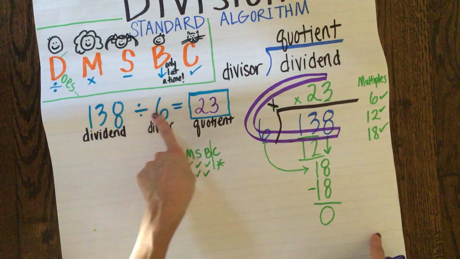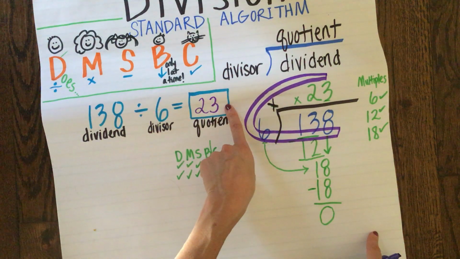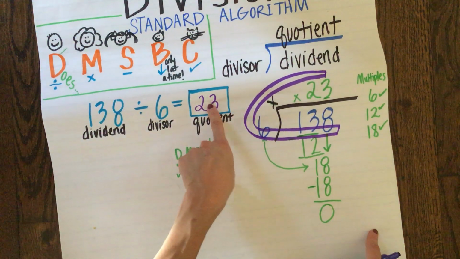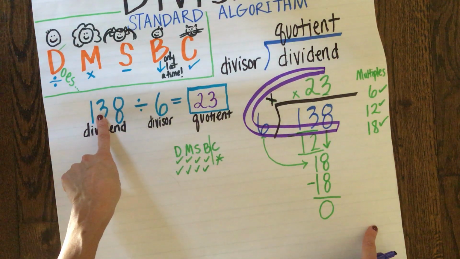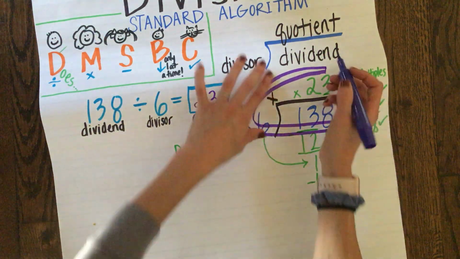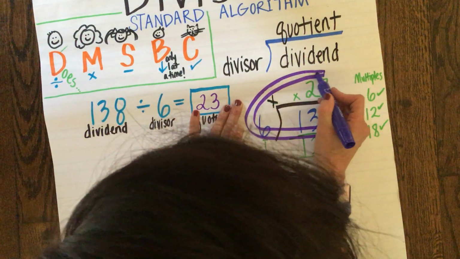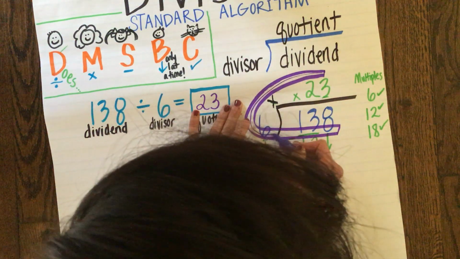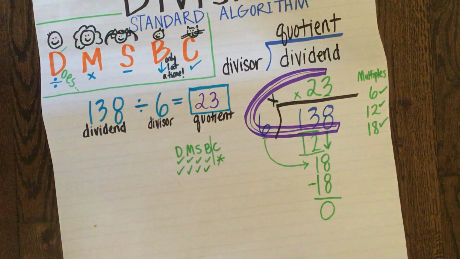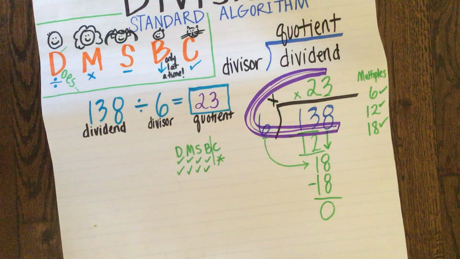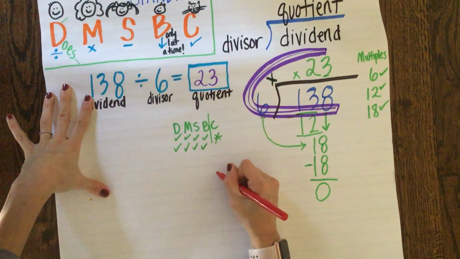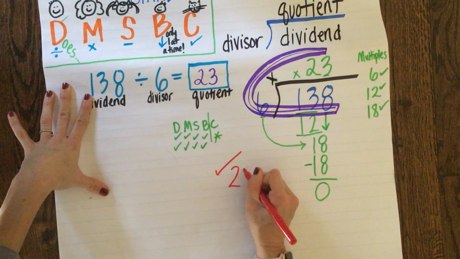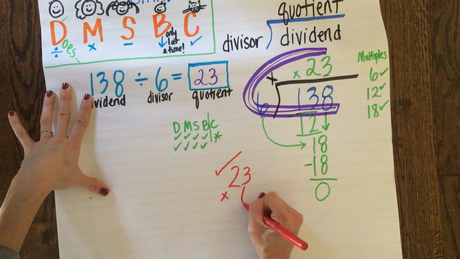If it's division this way, we're going to check by saying 23 times 6, and we hope it equals 138. Look at the C for check. 23 times 6 better equal 138. Let me go down at the bottom and check my work. 23 times 6.